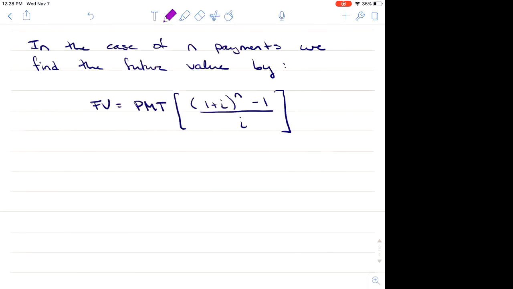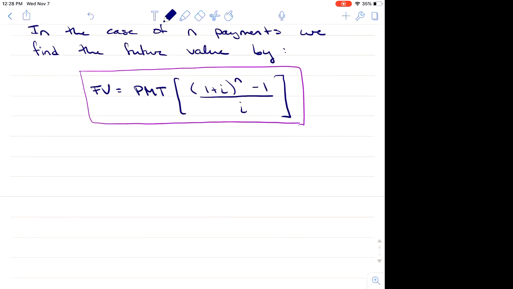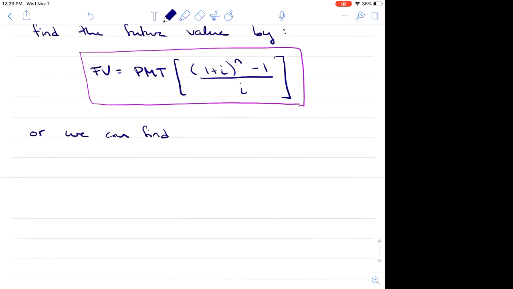That's on your formula sheet. As always, we kind of start by introducing all these formulas and then we apply them. Or we can find the present value.